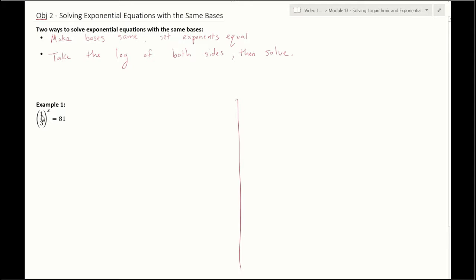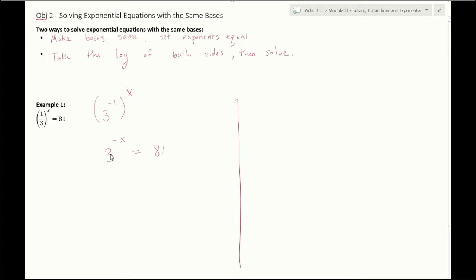1 over 3 is the same thing as saying 3 to the negative 1 power. So I'm going to go ahead and just start by writing that. And then, if we remember from our review from last time, or even just module 8, exponents to exponents are multiplied. So we can just go ahead and start off by rewriting this as 3 to the negative x equals 81.